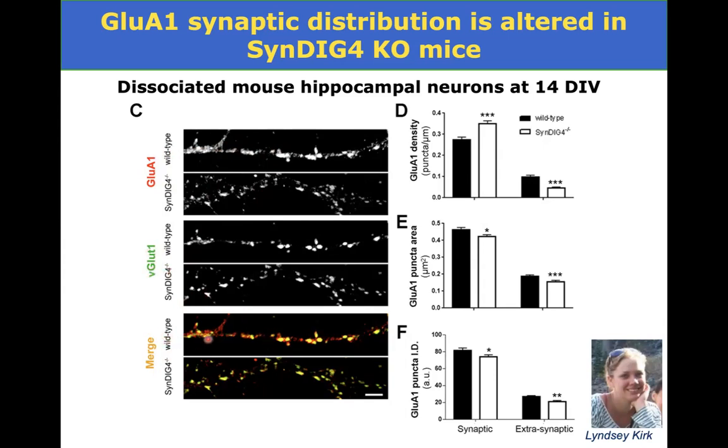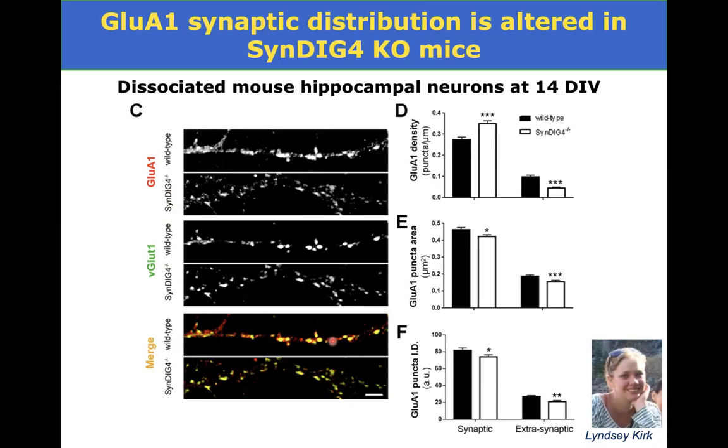In the wild type, in the merge, where you see yellow is where there's a synaptic connection because you're getting pre and postsynaptic overlap. But you might also notice that there's a large amount of red in these neurons, and this is the reserve pools of AMPA receptors that are found outside of synapses.